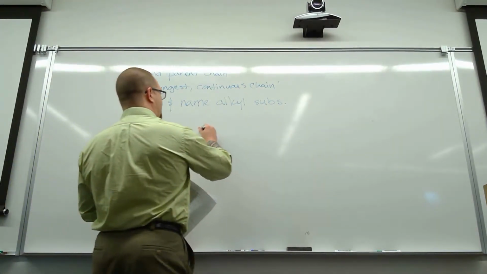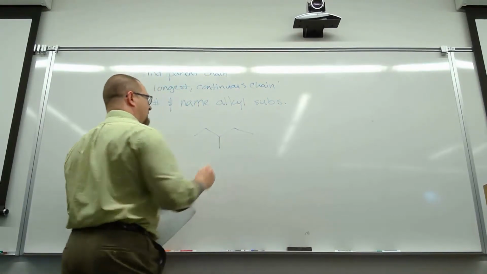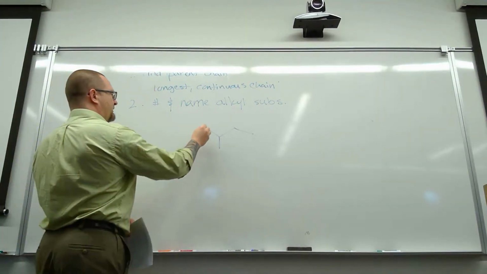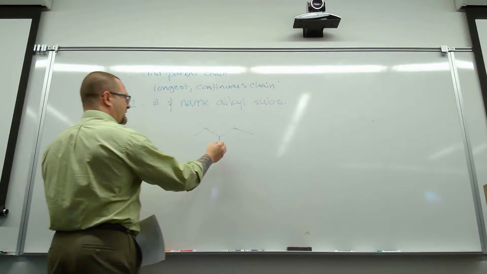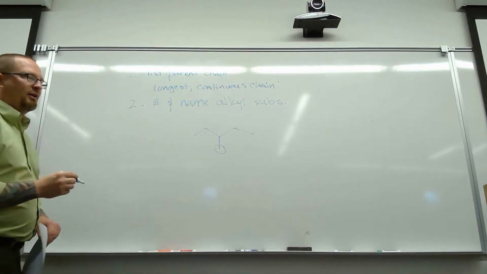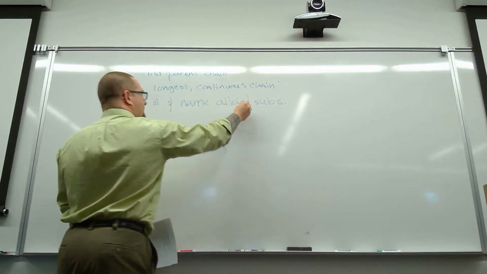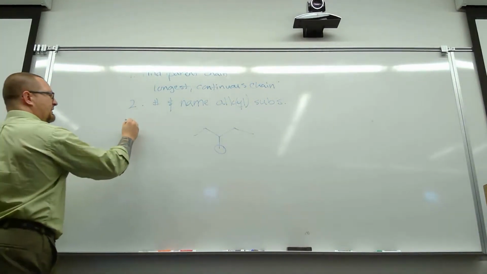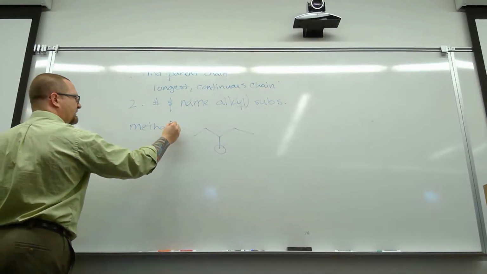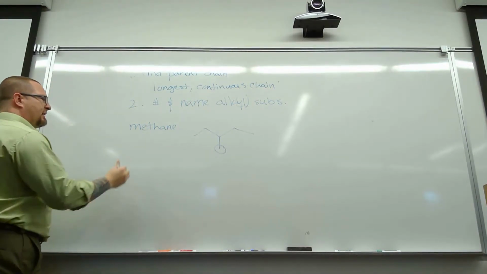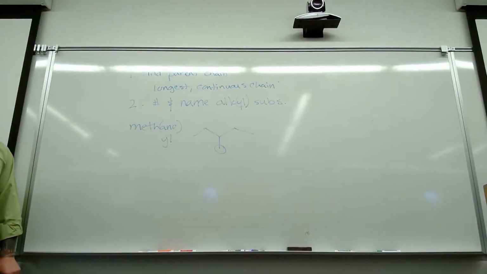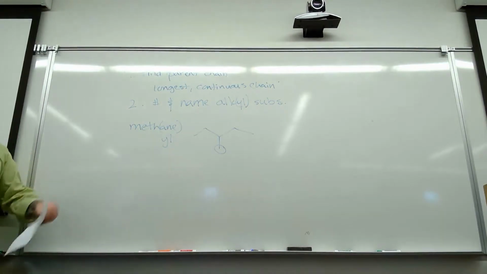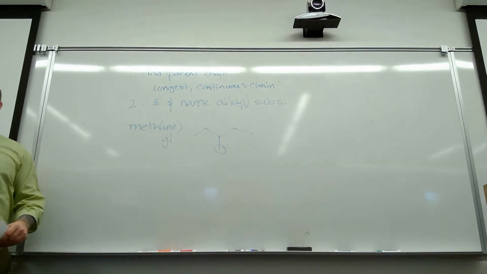So this here will have a parent chain of 1, 2, 3, 4, 5 carbons, so it's going to be a pentane, and this will be modified by a single alkyl group. When you do this, instead of methane, because this is a methane that's modified as an alkyl substituent, the ane falls away and you replace it with yl. So this is by definition how you treat modifying an alkane to an alkyl group by name.